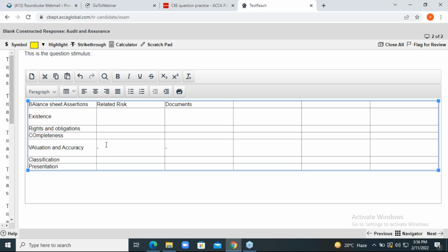That this is not a capital expenditure item. This was the risk. What could be other risks involved in IAS 16? That depreciation is not properly calculated, they are not mentioned in the asset register, or revaluation is not done according to IAS 16 because they are subjective. So these are the risks involved at this level.